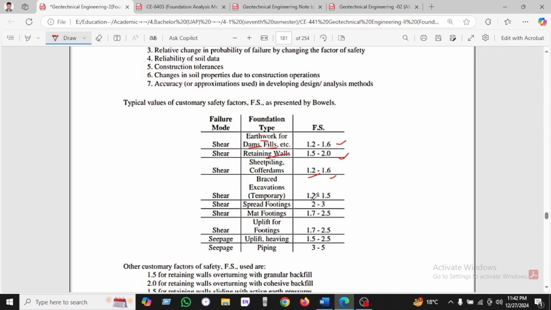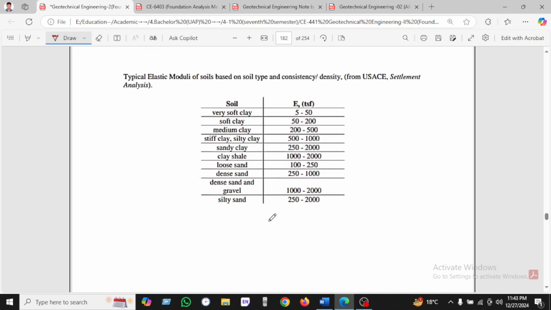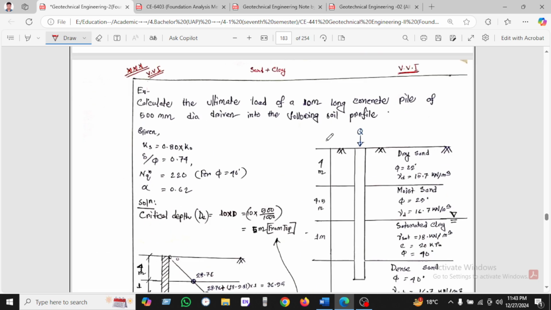For shear retaining walls, 1.5 to 2. For sheeting and cofferdams, 1.2 to 1.6. For braced excavation, 1.2 to 1.6, and mat foundation 1.7 to 2.5. Uplift for footing 1.7, and uplift heaving and piping 3 to 5. So these are the elastic modulus values we can see of the soil properties.